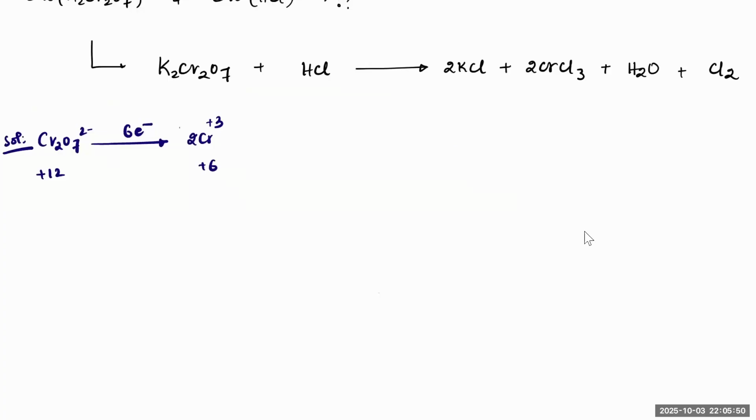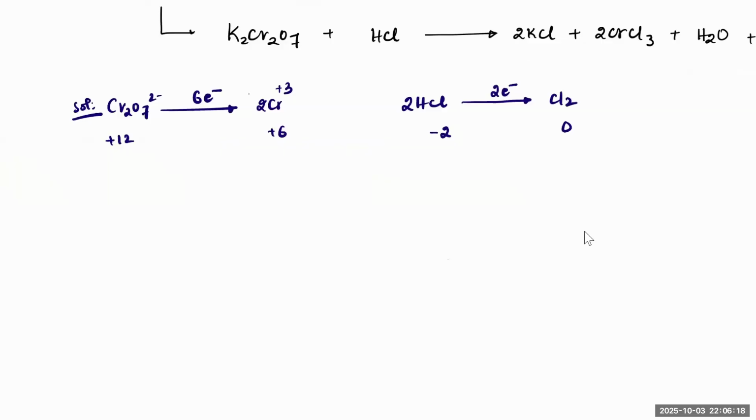HCl. If you notice the HCl here, some amount of Cl minus. So I'll write down that HCl is converting into Cl2. So to make it balanced, I can put 2 here. So that means from minus 2 chlorides, it is converting into 0. So 2 electrons are being transferred in this case.